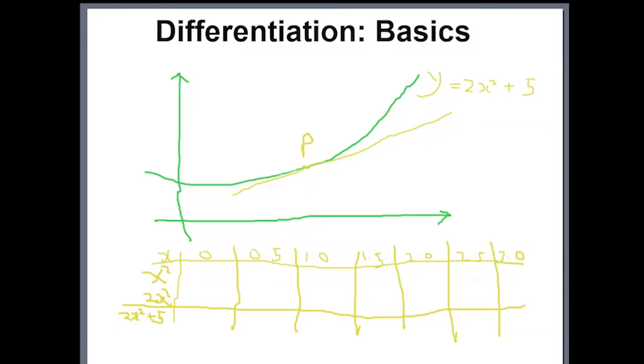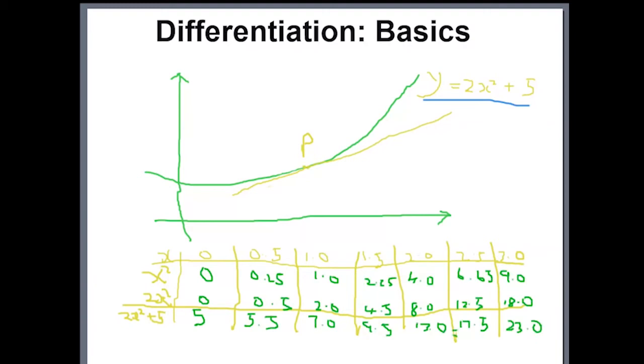When x is 0, if we put 0 inside this equation, we are going to have 0. Same thing for 0.5, I'm going to have 0.25, and for 1.0, 1.0.